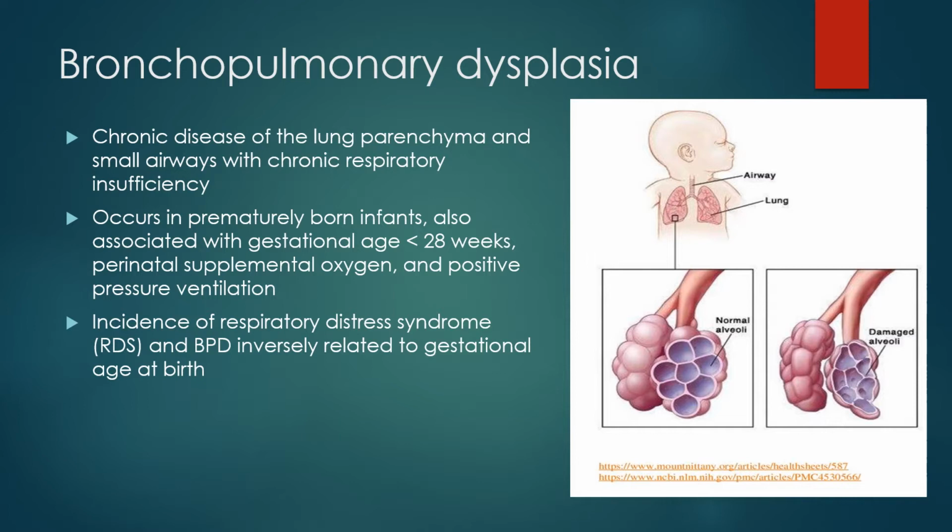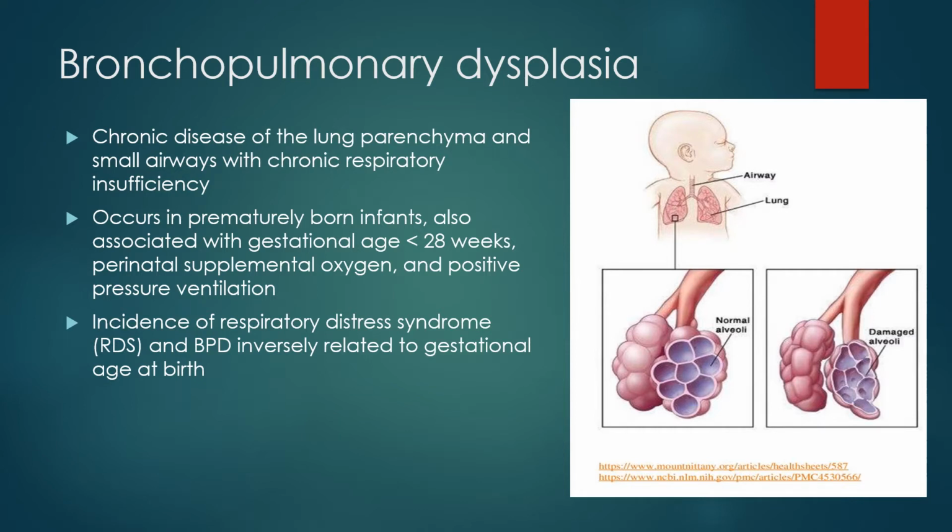It is a chronic disease of the lung parenchyma and small airways with chronic respiratory insufficiency that occurs in prematurely born infants. The incidence of respiratory distress syndrome, or RDS, and bronchopulmonary dysplasia is inversely related to the gestational age at birth.